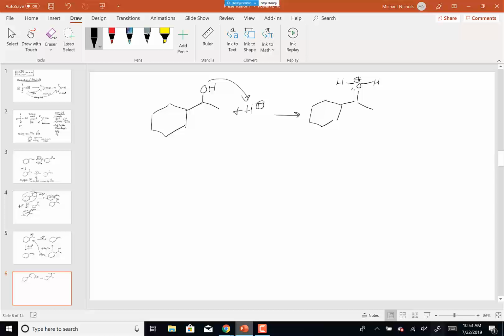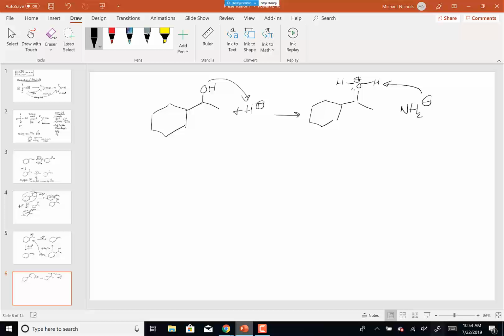Now, what if I make the oxonium ion and then I say, oh, let's add NH2 minus to it? What's going to happen? It's just going to deprotonate the oxonium ion. So the issue is, if you want to make an OH group leave, you can't use a basic reagent.